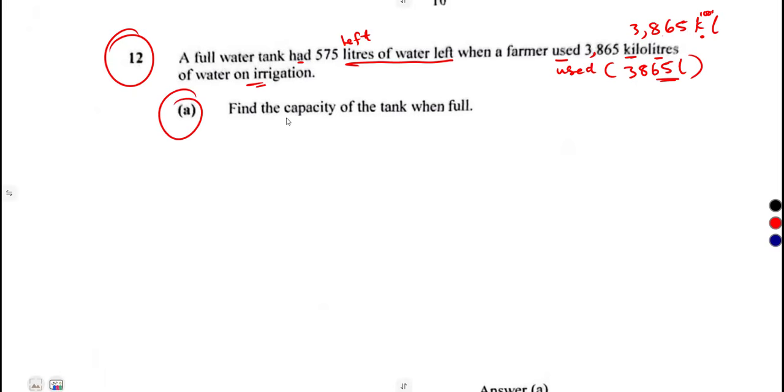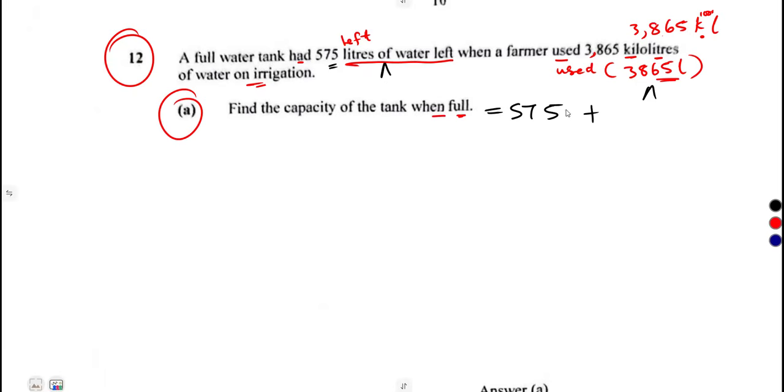So A was find the capacity of the tank when full. So remember, when full, it is before we used something, then there was another part which was left. So you simply combine what was left in the tank and what was used. That's the full capacity. What was left in the tank was 575.